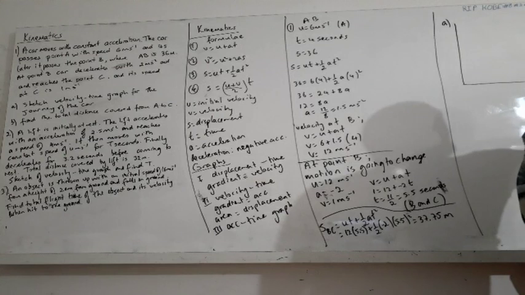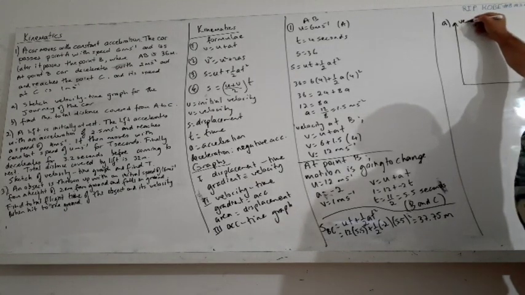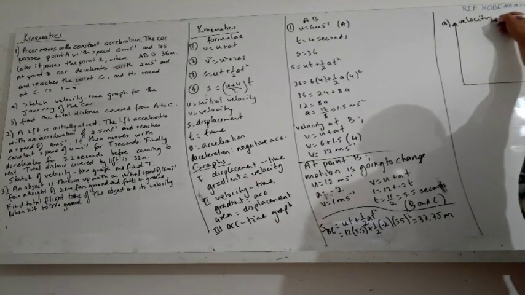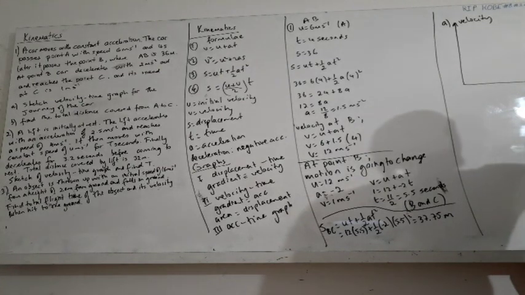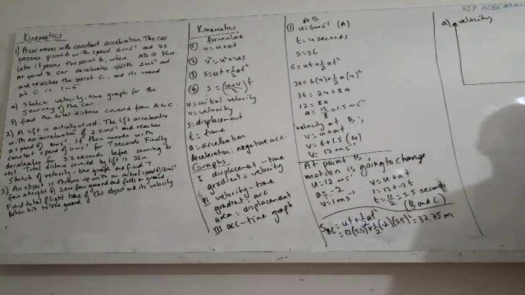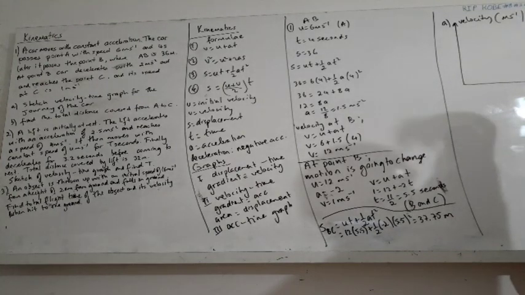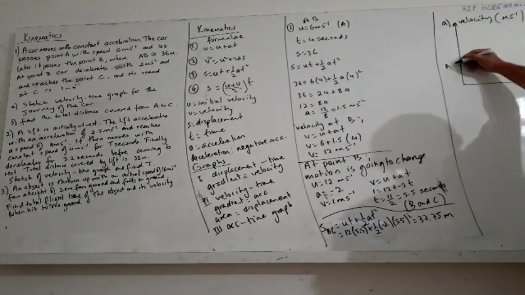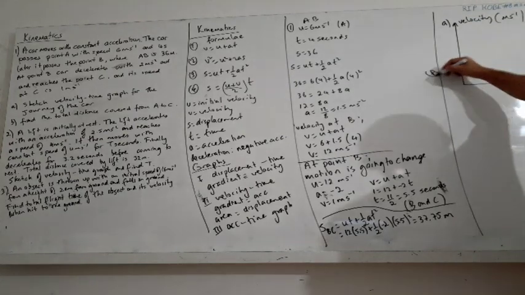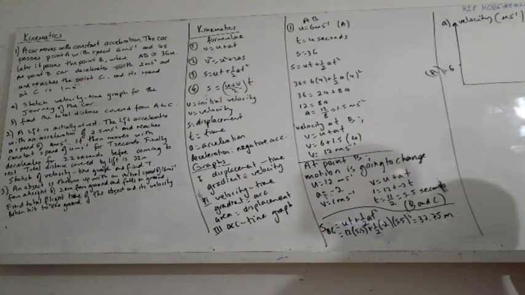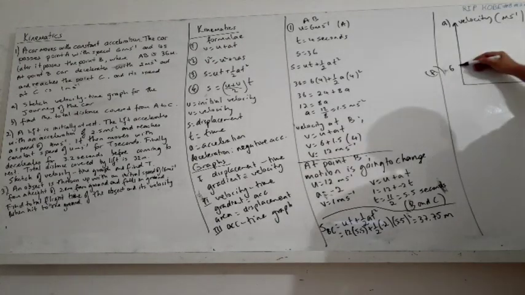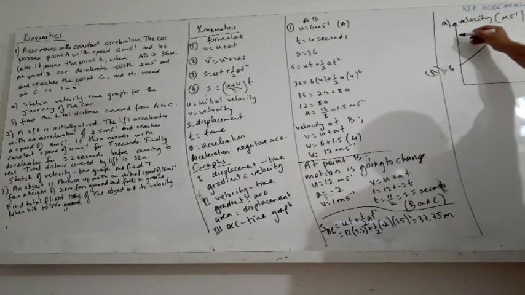Velocity, and this is time. Time is in seconds and velocity is in meters per second. We start at point A with a velocity of 6, and reach point B with 12 meters per second.